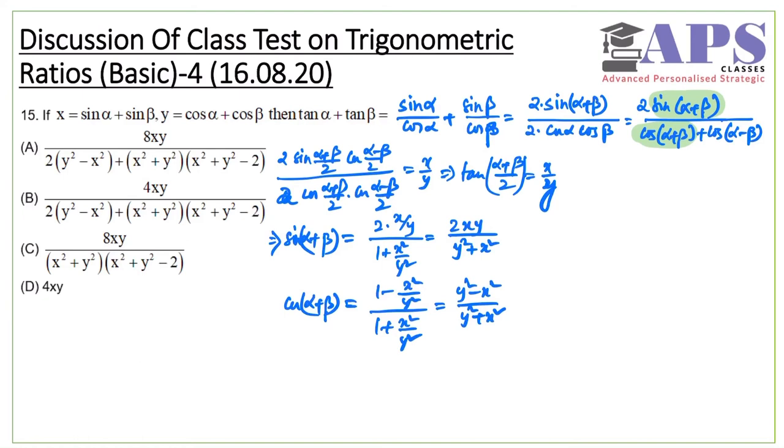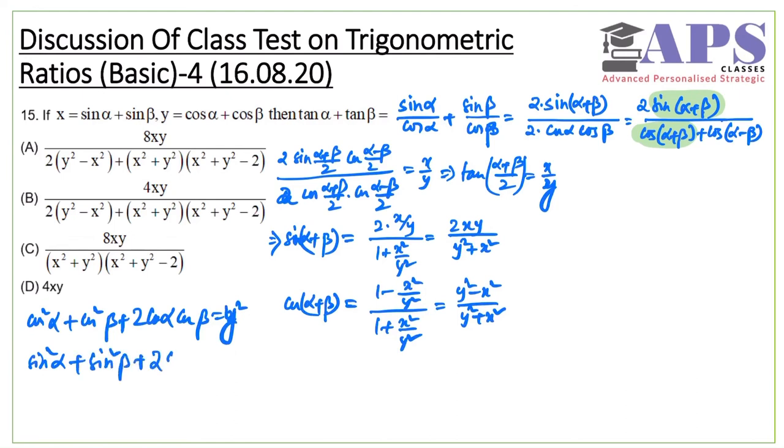For that I have to square the given expression. So I will get cos square alpha plus cos square beta plus 2 cos alpha cos beta equal to y square, and sin square alpha plus sin square beta plus 2 sin alpha sin beta equal to x square.